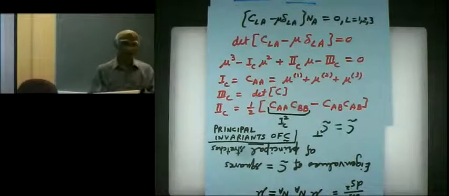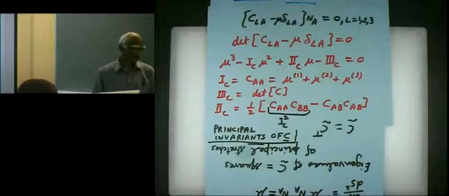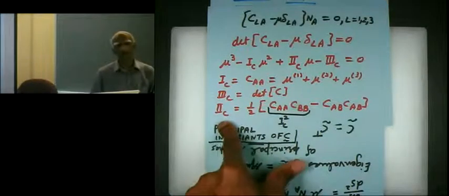The entries in a matrix, like C11, C12, C13, depend upon the coordinate system you are using. If you change the coordinate system, you will get different components. However, the sum C11 plus C22 plus C33 will stay the same. The determinant of C will stay the same. And the second invariant we wrote will stay the same. So that's why these are called principal invariants.